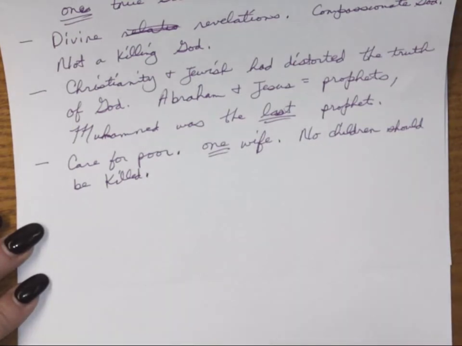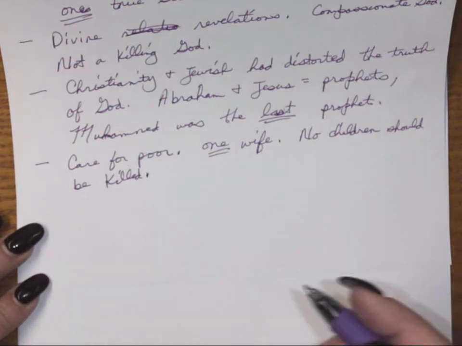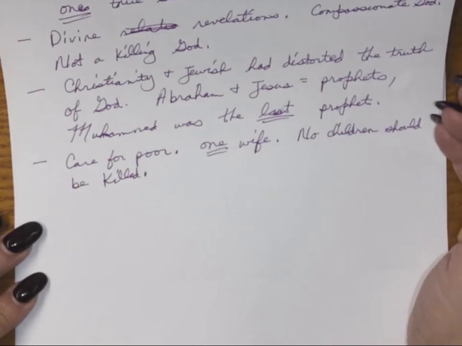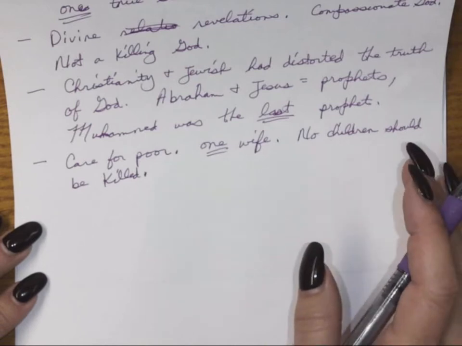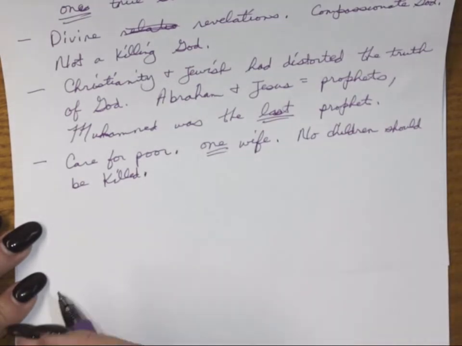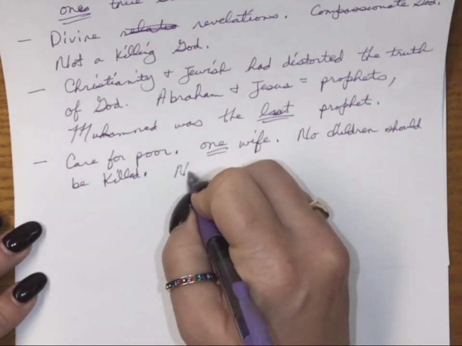Maybe if they were lame or something like that and they couldn't keep up with the tribe, then we're not going to keep that child alive. So that was a practice that was going on at the time that Muhammad was establishing his religion, and he said, no, that's not civilized.